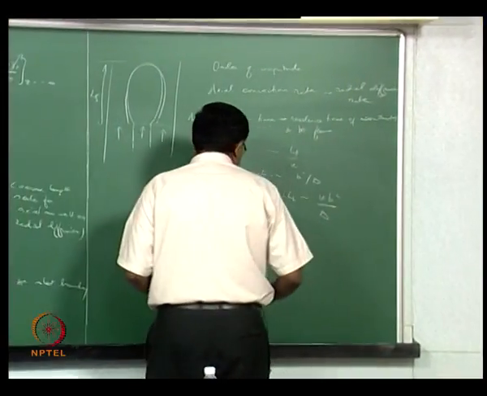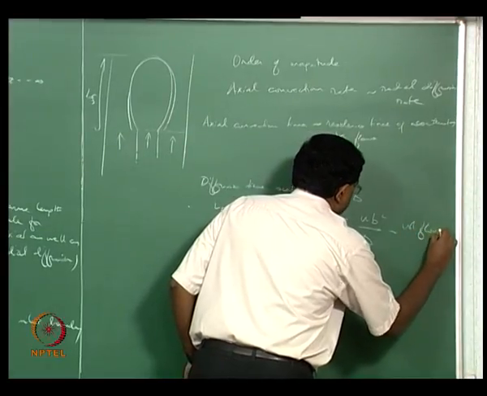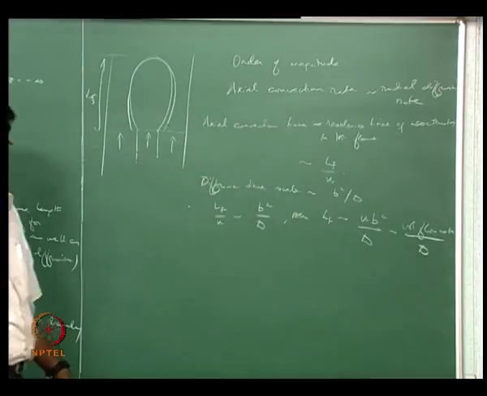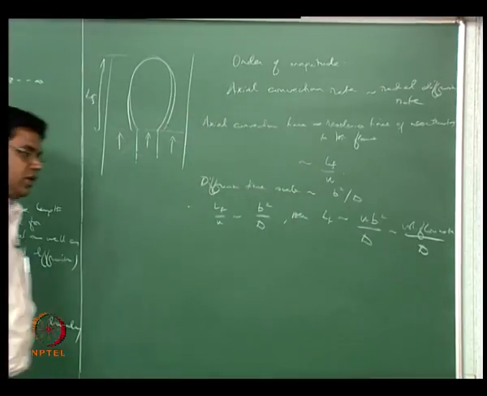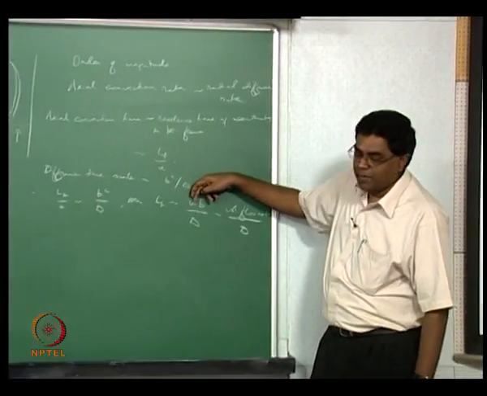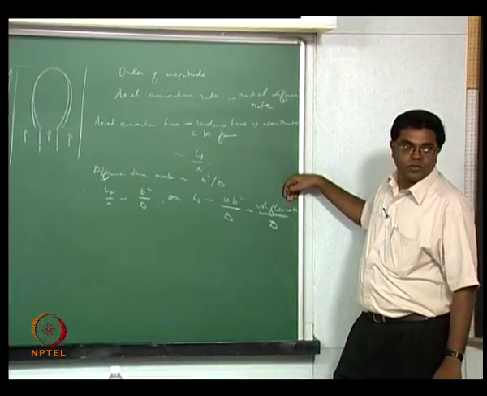So this is basically volume flow rate divided by the diffusion coefficient. So you can look at it in two ways: either as a velocity and burner diameter split, or as volume flow rate.